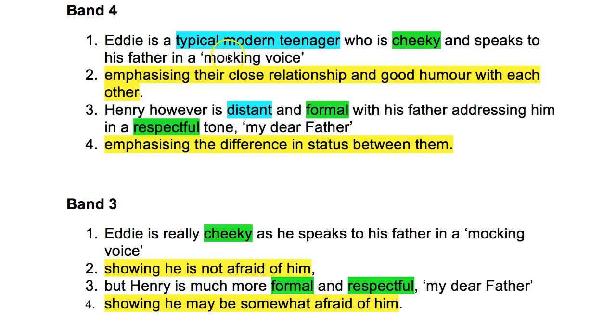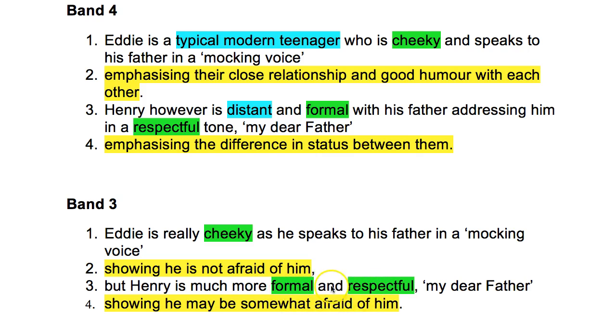In the band 4, they take the same quotation, mocking voice, but they ask you to make 2 points about it. In band 3, you take that same quotation, the mocking voice, but you make only 1 point about it. Then when we look at the other extract about Henry, you make 2 points, he's formal and distant, whereas in band 3, you make, this is 3 points, and in band 3 you only make 2.